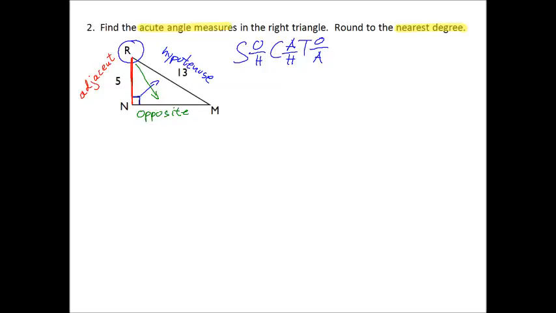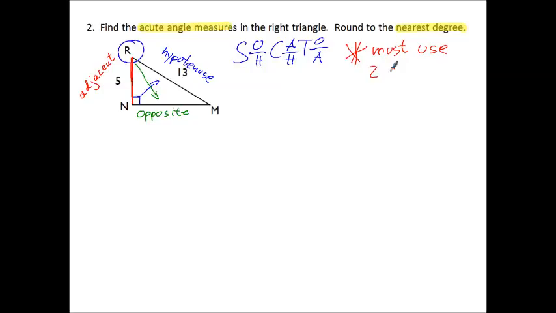And now let's look at our example. We're given two side lengths, and we're supposed to find an angle measure. So the question is, which one of our three ratios are we going to use? And the answer is fairly simple, but I'll write this down here as a reminder for us too. We have to use the two sides that we have.